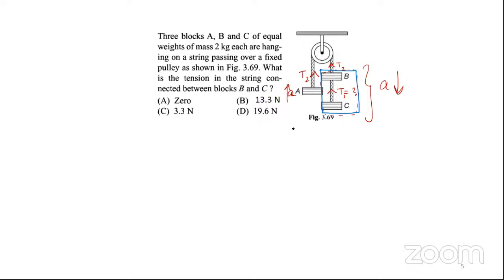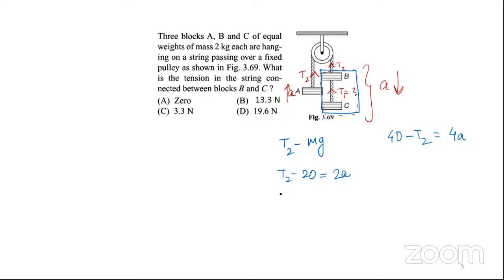For mass A, I will get T2 minus mg, m is 2, so T2 minus 20 equals 2a. And for this complete block, what is the total mass? This is 4. So 40 minus T2 equals 4a.